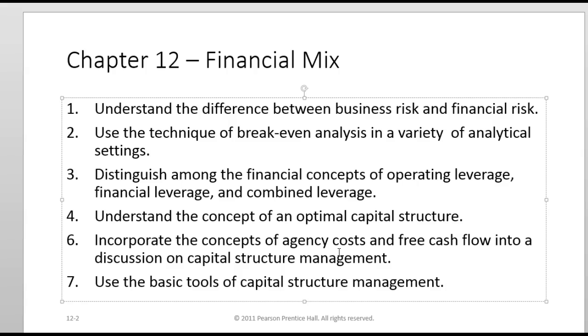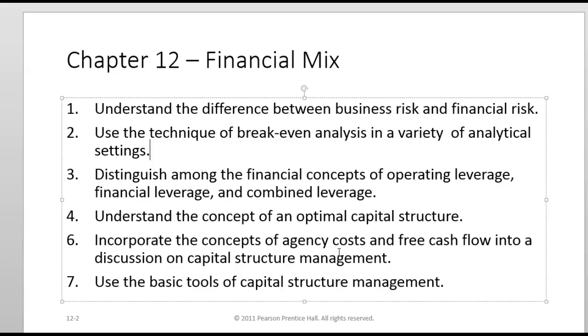What satisfies a lender sometimes does not satisfy or return well for the shareholder, as well as what returns well for the shareholder does not return well for the lender or the holder of those bonds. So there's a balance that you have to find there, and we'll look at that throughout that chapter.